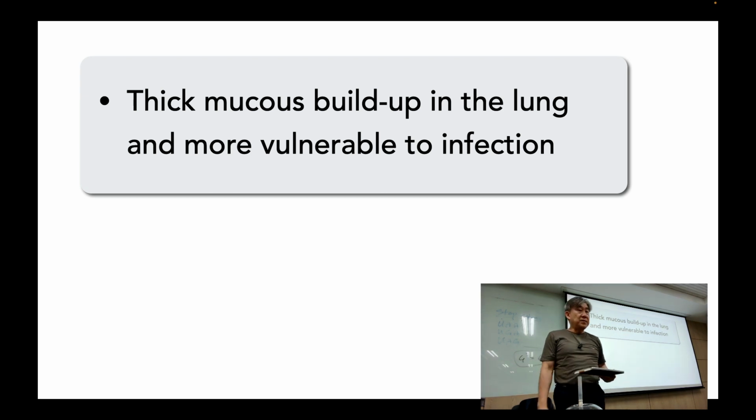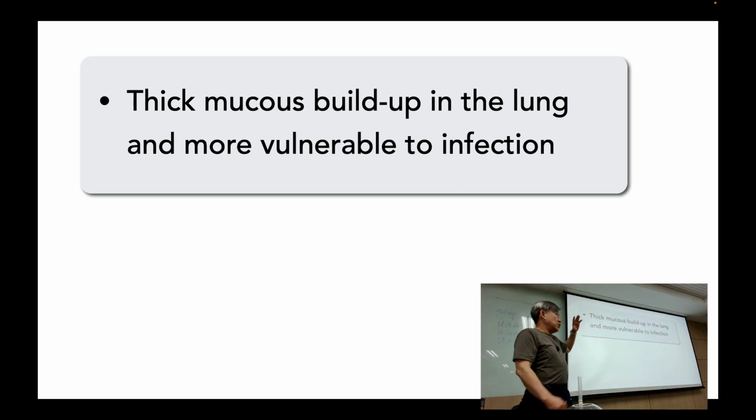And what happens is, especially if you are homozygous, in other words, you don't have any normal copy of this gene, both of these genes are mutant copies of the CFTR gene, then you have this problem of a buildup of thick mucus on the surface of the lung and the esophagus.